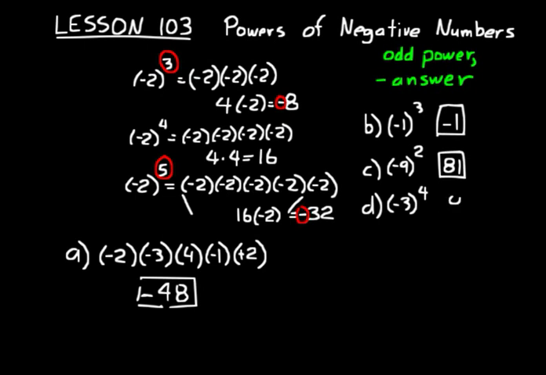So this is also a positive 81. If we have an even number of negative factors or an even power to a negative number, then our answer will be positive. If it's an odd power or an odd number of negative factors, our answer will be negative.